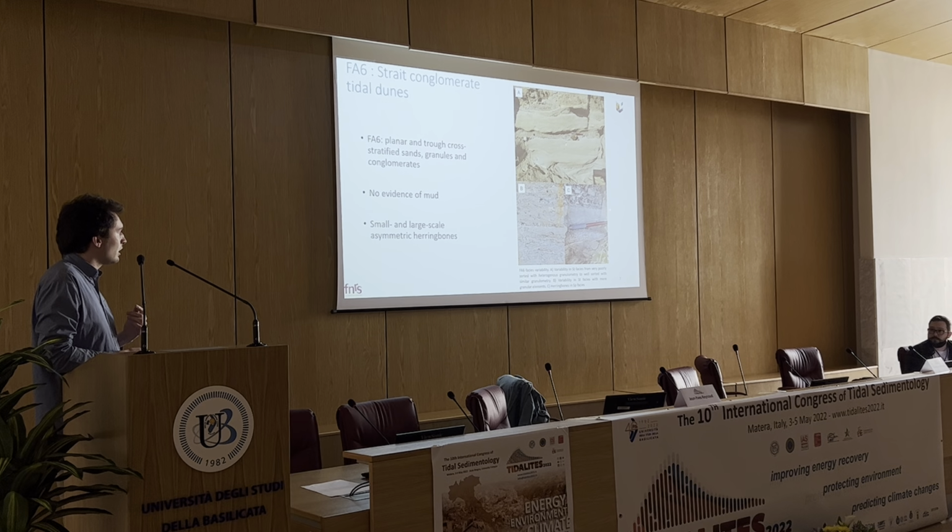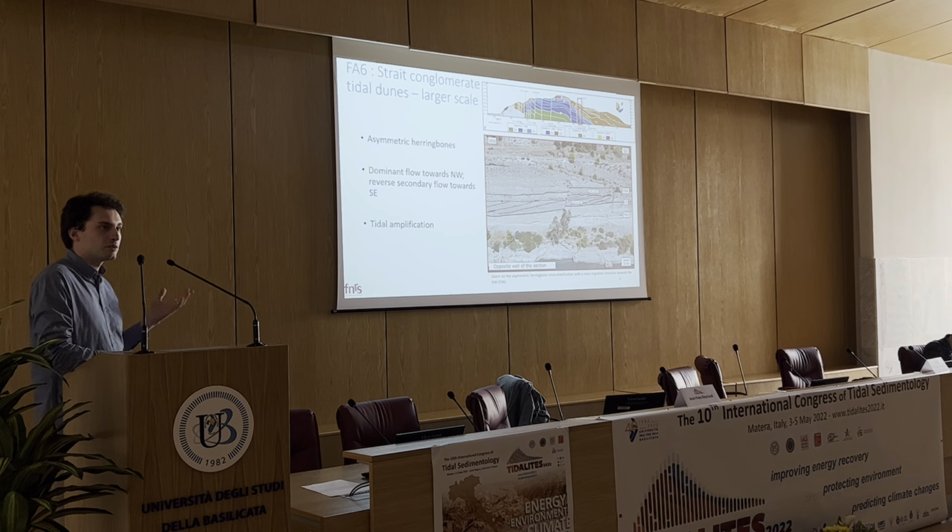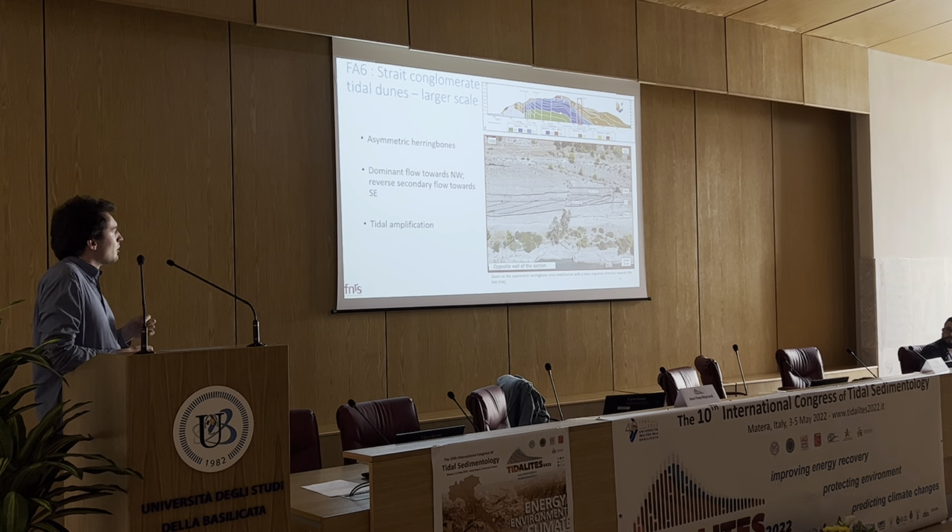And both at the outcrop and at the larger scale, we can see some asymmetric herringbones, and these are represented here. So be careful, this is the opposite wall of the section, so on the section we are here, but on the opposite wall we can see asymmetric herringbones. And these asymmetric structures are typical for tidal straits because the lower foresets that are thicker and much bigger, up to 7 meters, are built with the dominant current that flows toward the northwest in this case.